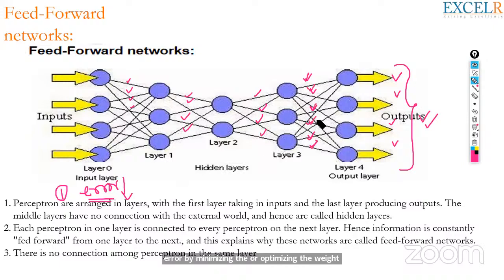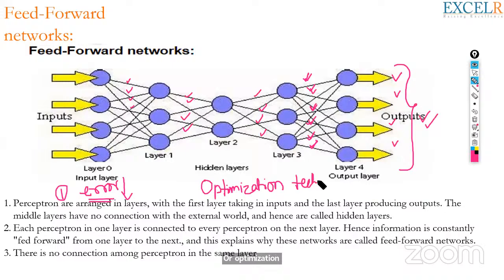Now, this part, reducing the error by optimizing the weight values, is done by something called an optimization method or optimization technique, right?